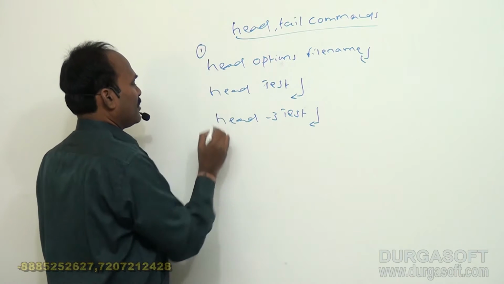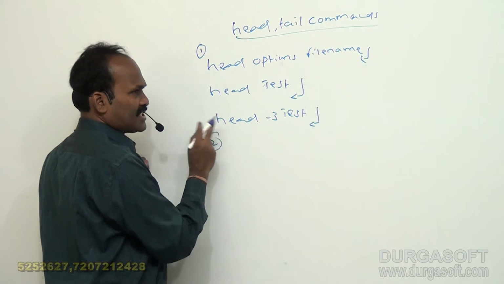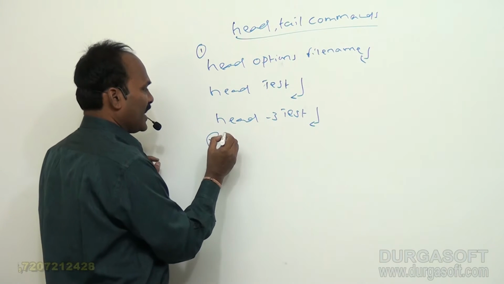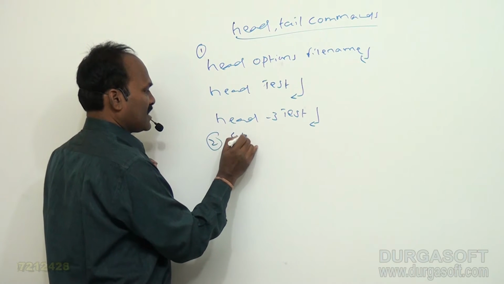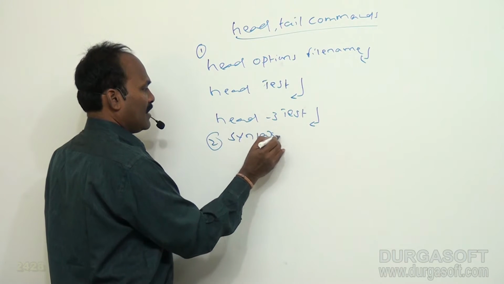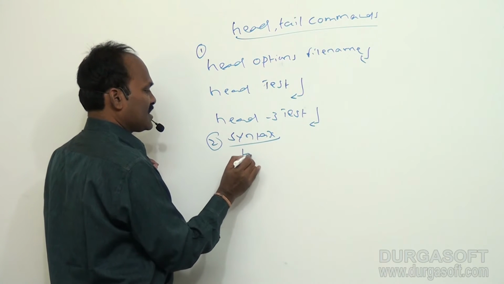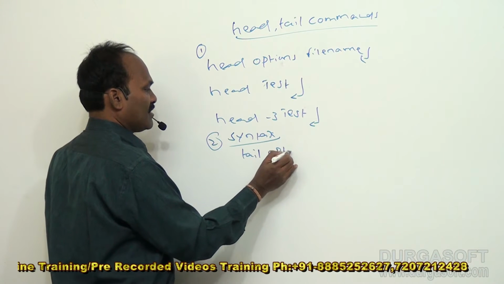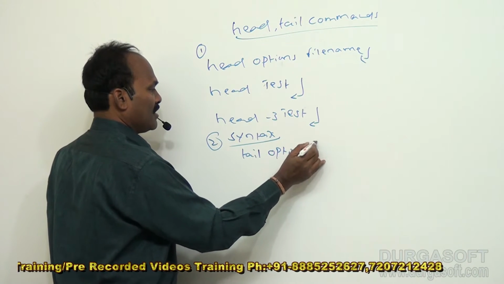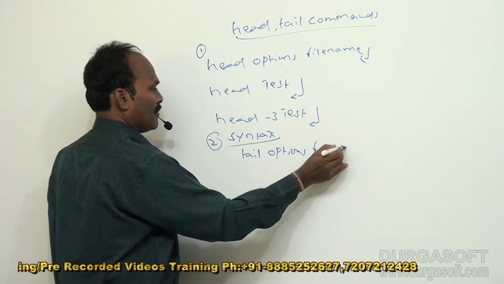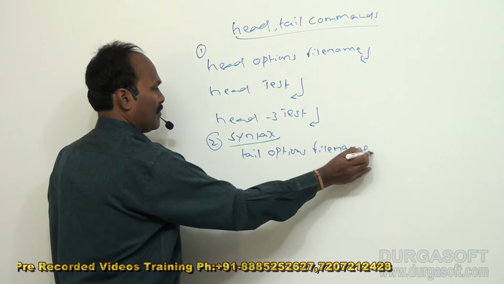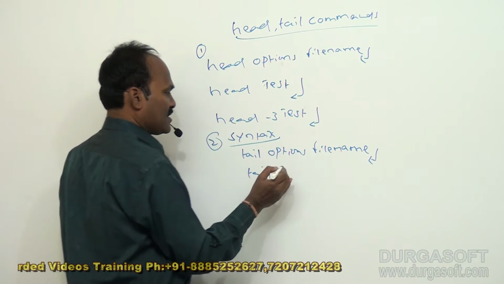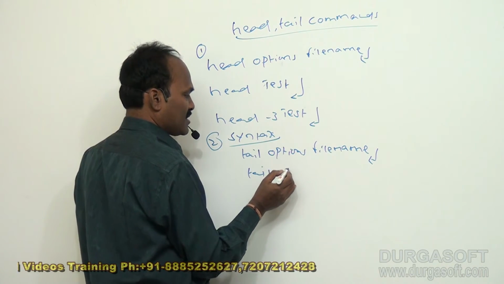Next, the tail command, as its name says, displays the ending part of a file. The syntax is tail, options, file name. You may or may not give options.